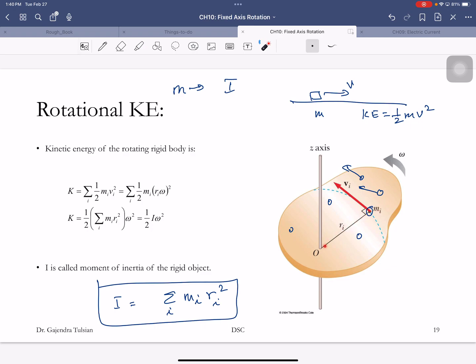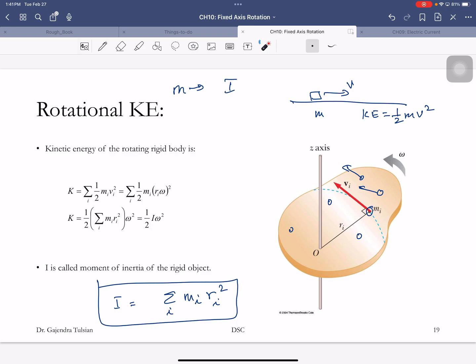So you see, the further the mass is distributed from the axis of rotation, the greater its contribution to the moment of inertia. Okay? So if you're spinning, when your arms are far away, your arms are contributing more to your moment of inertia. When you bring them in, the contribution of your arms to the moment of inertia decreases. Okay? So that's how you can change your moment of inertia.